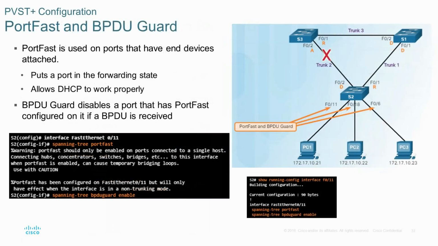Now PortFast and BPDU guard; this is our last topic before we go to the configuration of PVST. PortFast is used on ports that have end devices attached. Why make it PortFast? Because, for example, if it is connected to DHCP, it allows DHCP to work properly and puts the port into the forwarding state immediately, so it doesn't need to wait through listening and learning.